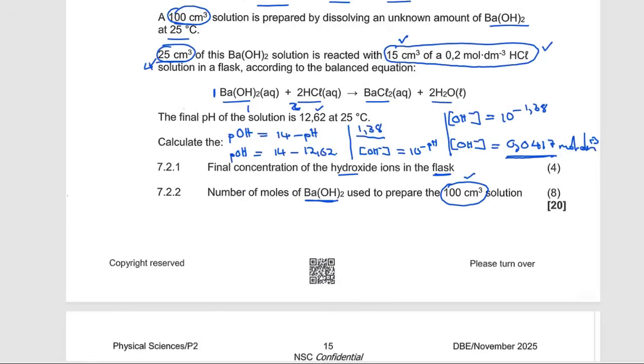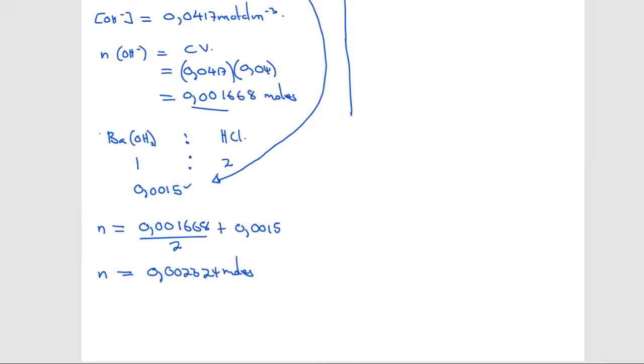If I divide 100 by 25, I get a value of 4. So now in 100 cubic centimeters, 4 multiplied by 0.002324. For my answer I just multiply by 4.